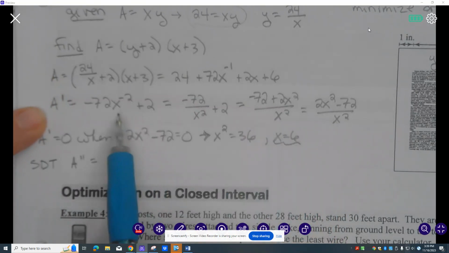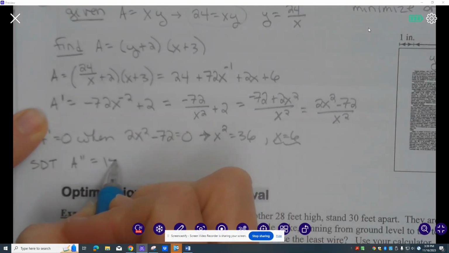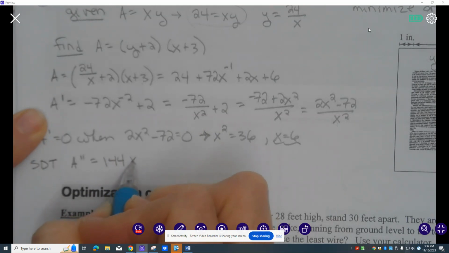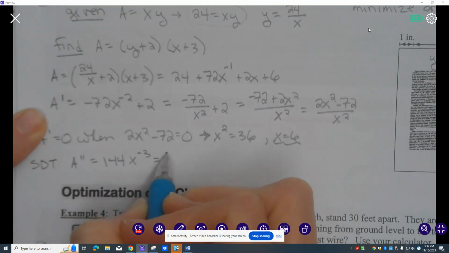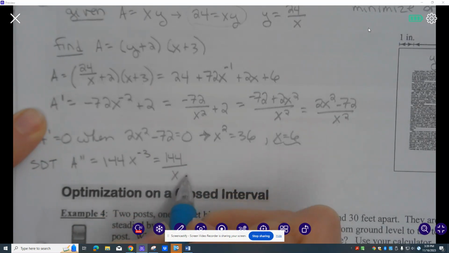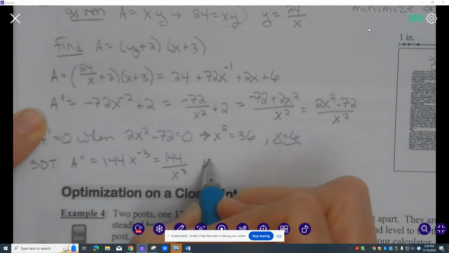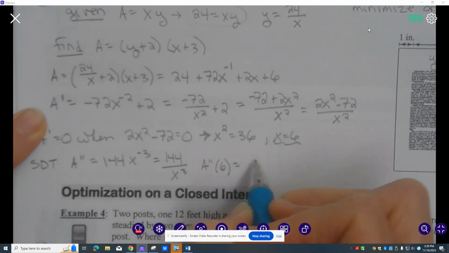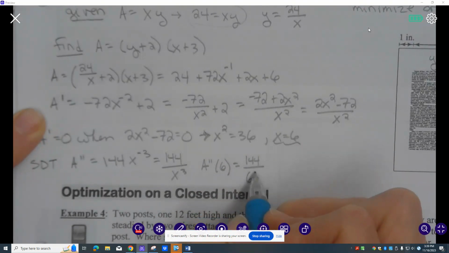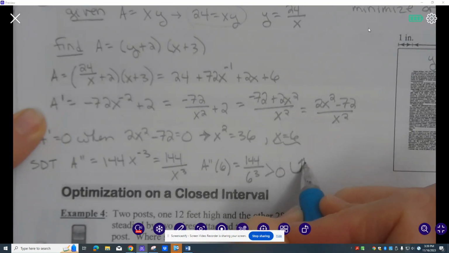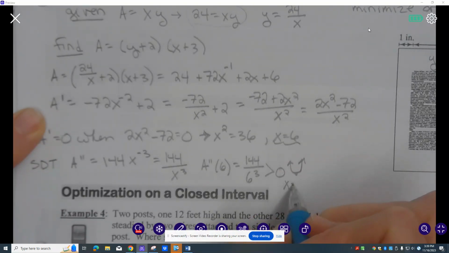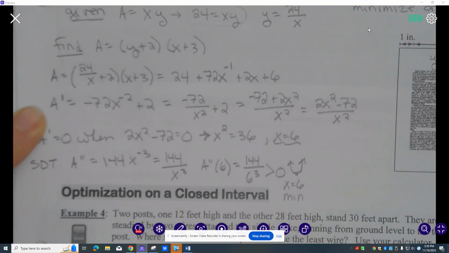I'm going to go back to this one and do the second derivative, because then I'm going to get positive 144x to the negative 3, which is 144 over x to the third. Then I want to evaluate the second derivative at 6. I don't really care what the number is, all I need to know is that it's going to be a positive number, so I am concave up, so x equals 6 is a minimum. If I'm concave up at 6, then I do have a minimum.